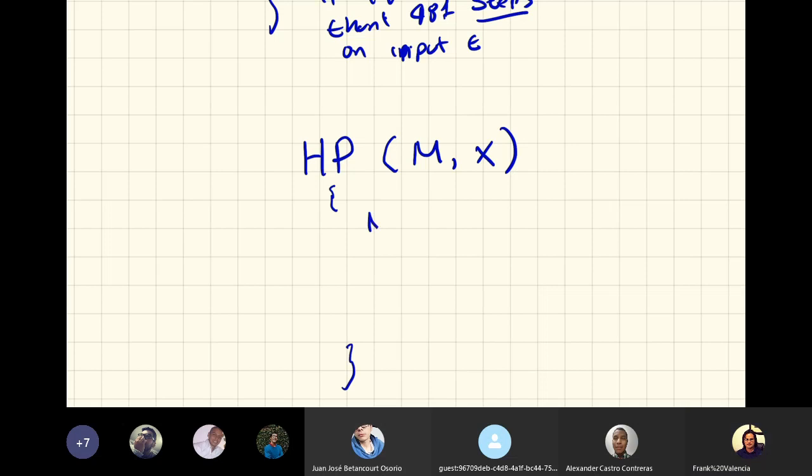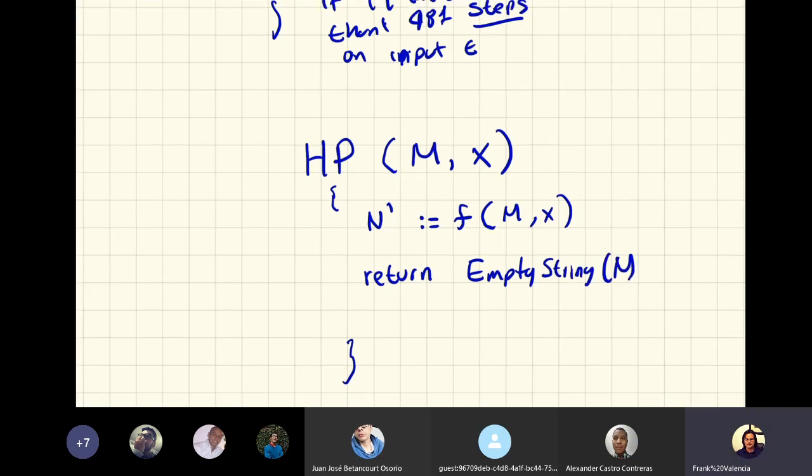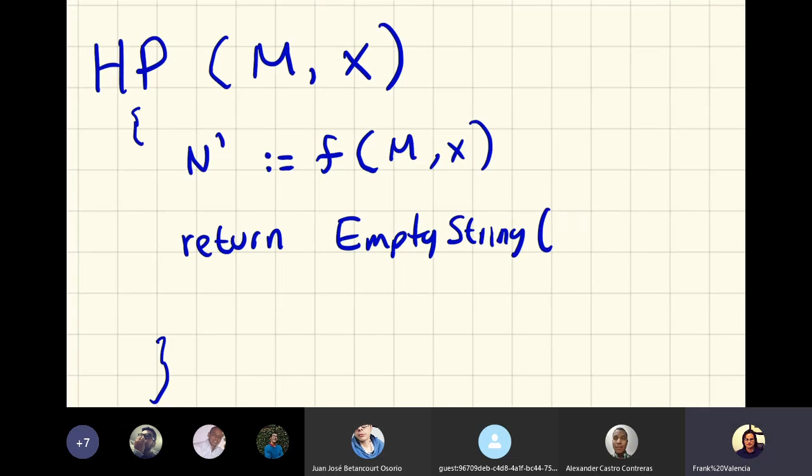You take n prime and you build a new machine from m and x, and you return the empty string of n. Sorry, I call it n prime, but I don't need the prime. It can be just n.